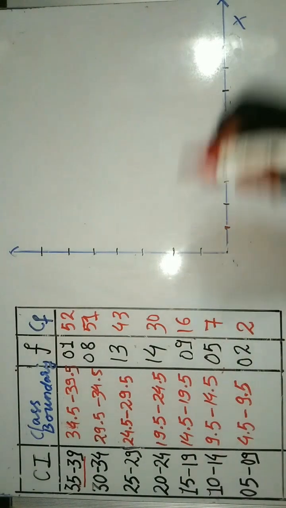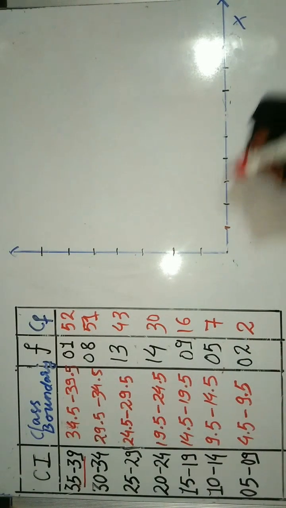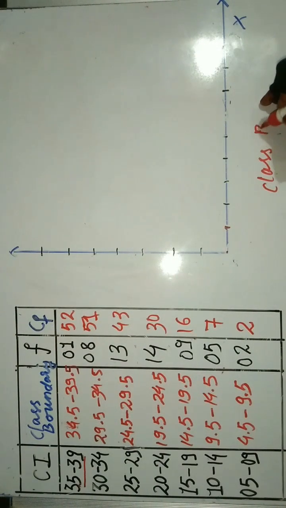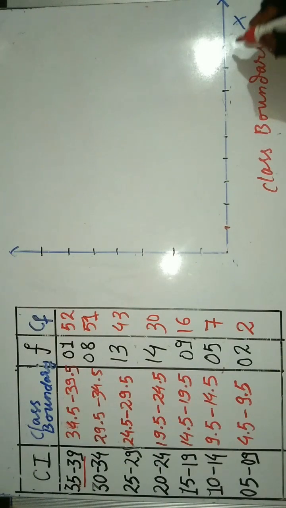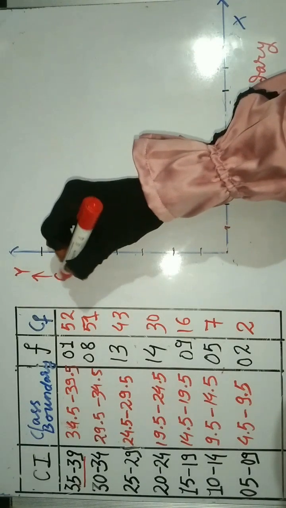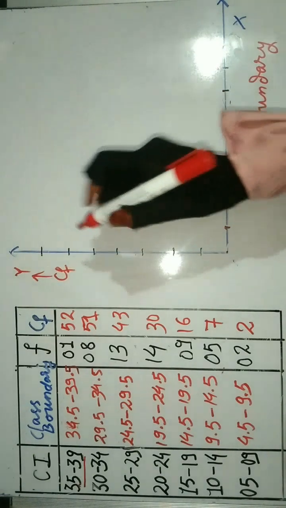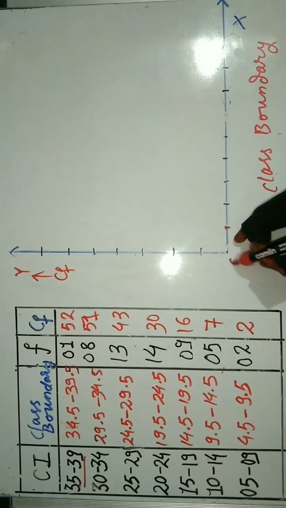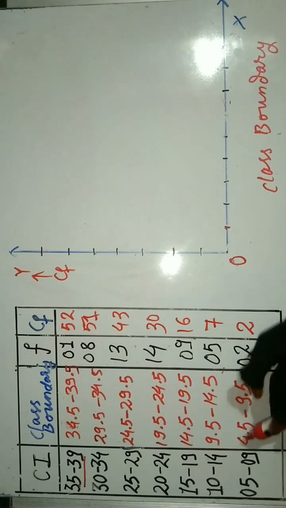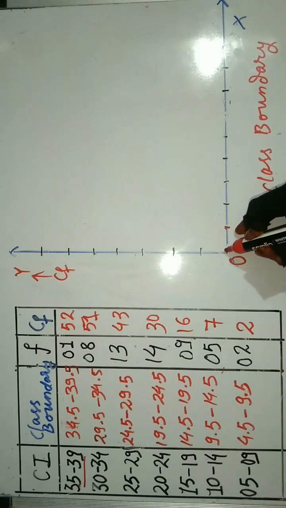Now we are going to plot the class boundaries on the x-axis, and on the y-axis we are going to plot CF. So let's plot it. Here our class boundary does not start from 0, that's why make a mark like this.